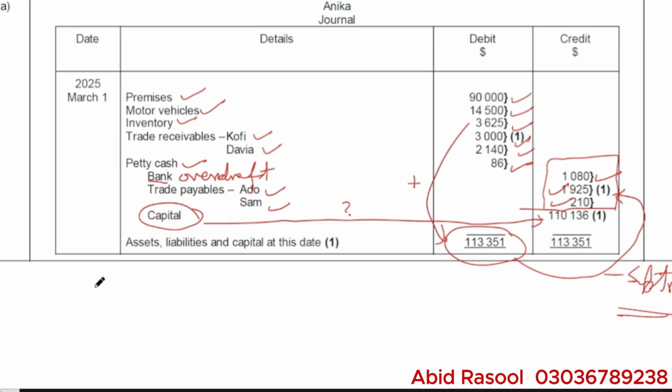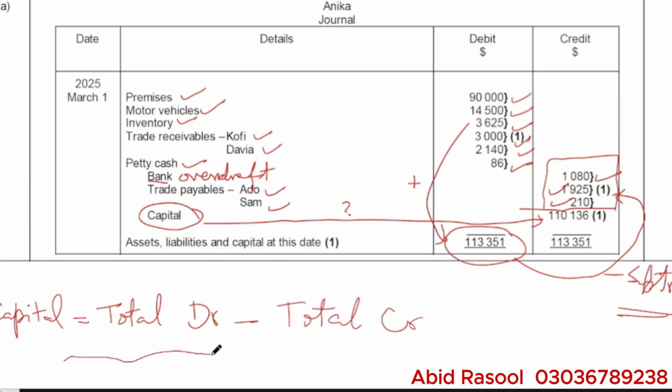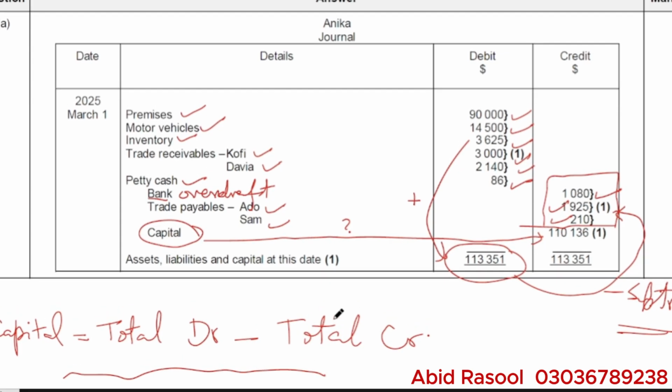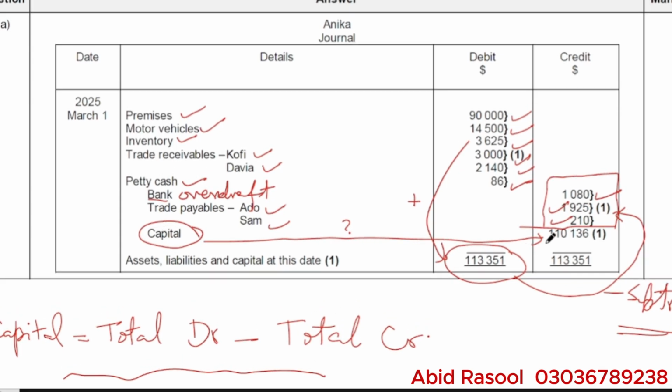I also write a note here that capital will be equal to total debits minus total credits. This is how you will get the capital amount. Now you can see there are 4 marks awarded to this question.